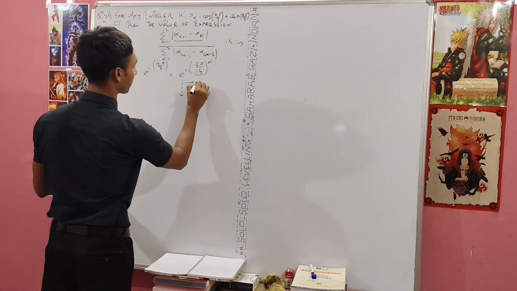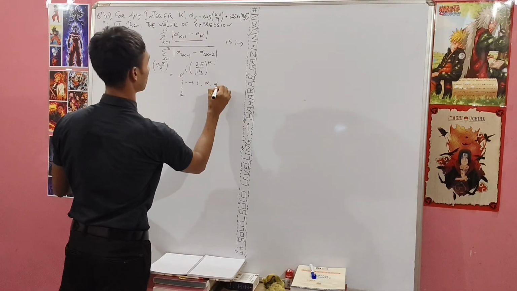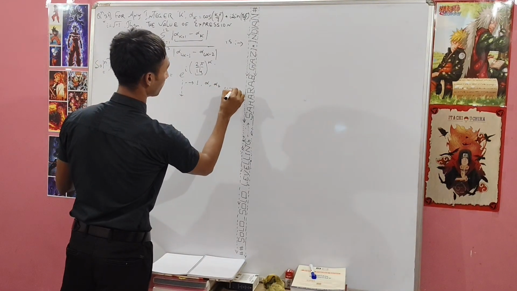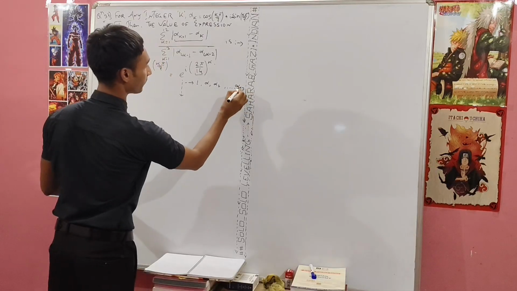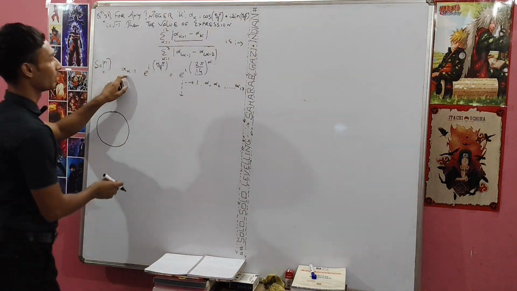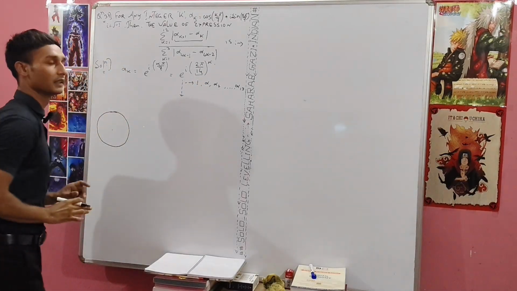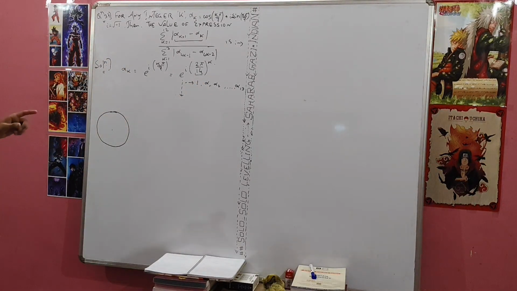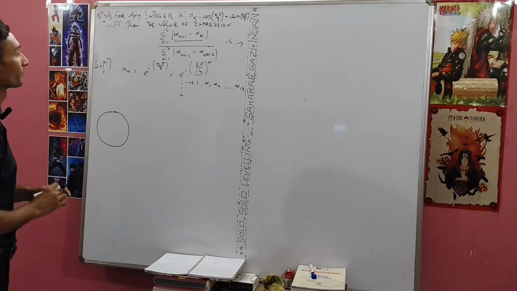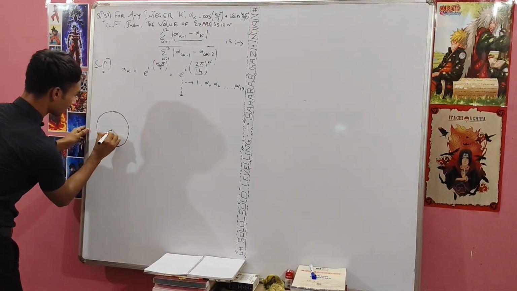So 1, alpha, alpha 2, dot dot dot, alpha 13. If you put alpha 1, 2, 3 and so on, you will get these values. These are the 14th roots of unity, as given here.